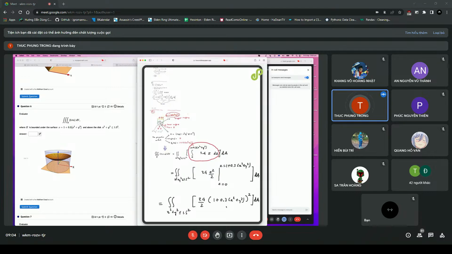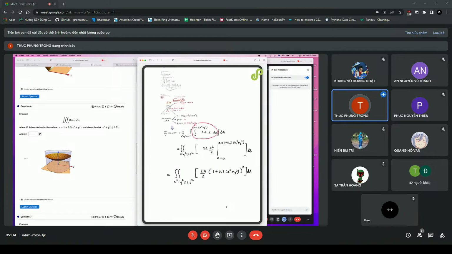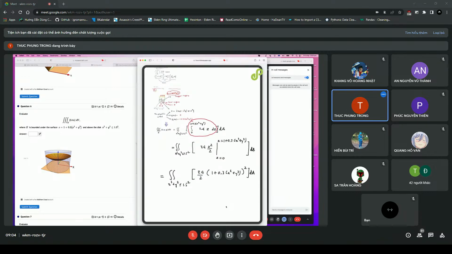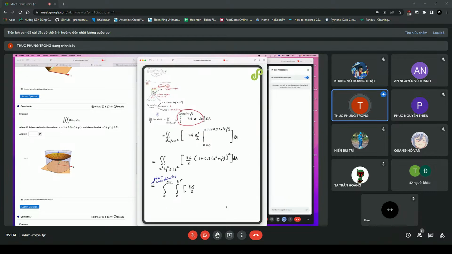And now we can see that the next thing we do is obviously handle this double integral, and we use polar coordinates, and we can see that it's from 0 to 2 pi, 0 to 1.5 for the radius, 3.4 over 2, 1 plus 0.3 r squared, all squared.